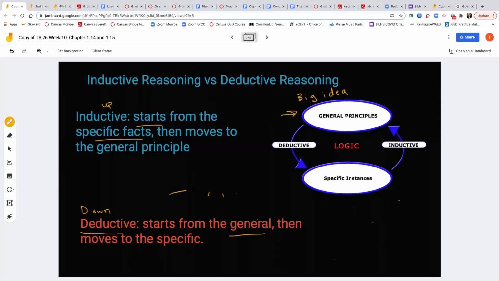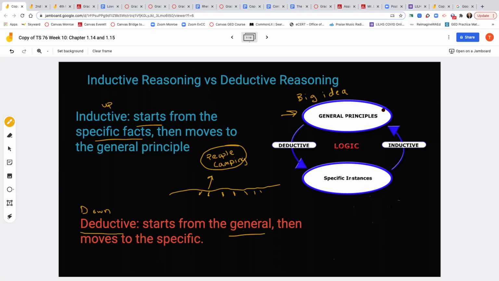If this is the ground, I'm a scientist looking at all the facts on the ground, and I see all this litter, so I induce a big theory: if there's all this litter here, there must be people around, or people must be camping nearby. I'm coming up with a general hypothesis by looking at the small details first and moving up to a theory. That's inductive.